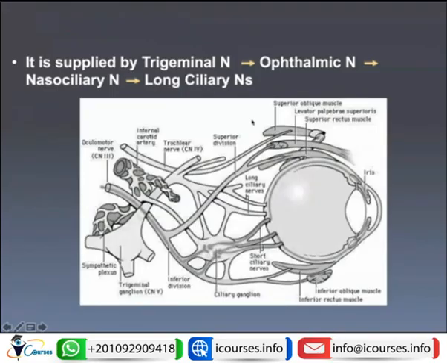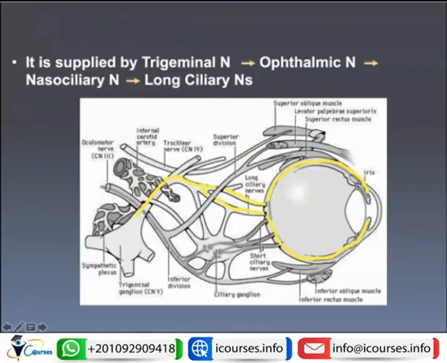The cornea is very rich in nerve supply, supplied mainly by the trigeminal nerve. The trigeminal nerve gives the ophthalmic nerve, and the ophthalmic nerve gives the nasociliary nerve, which gives the long ciliary nerves.